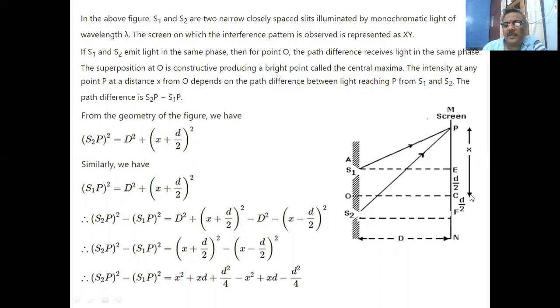X is the distance from this central maxima to the point. So if this x is the distance, what will be this distance? This is the straight line S1E. The distance EP will be x minus d by 2. And similarly, we have a straight line S2F. The distance FP will be x plus d by 2.